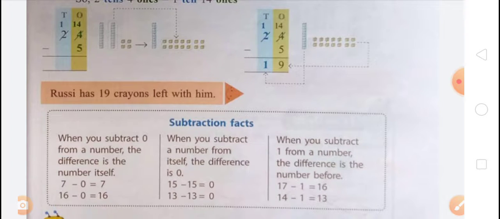And 14 minus 1 is equal to 13, and 13 comes just before 14. So when you subtract 1 from a number, the difference is the number before.